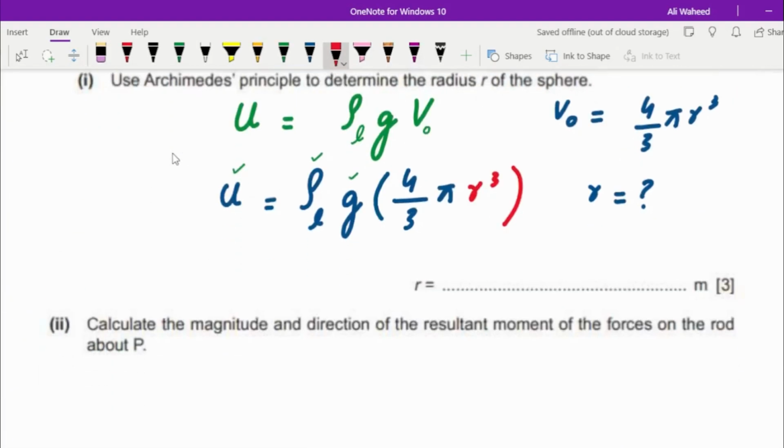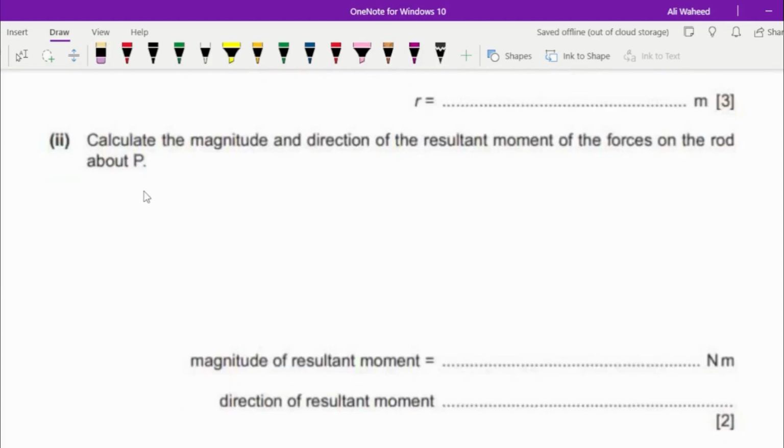So for anti-clockwise, we have F, which is 32 times 1.10. There's no other force that would make it rotate anti-clockwise. So this equals, what are the forces clockwise?